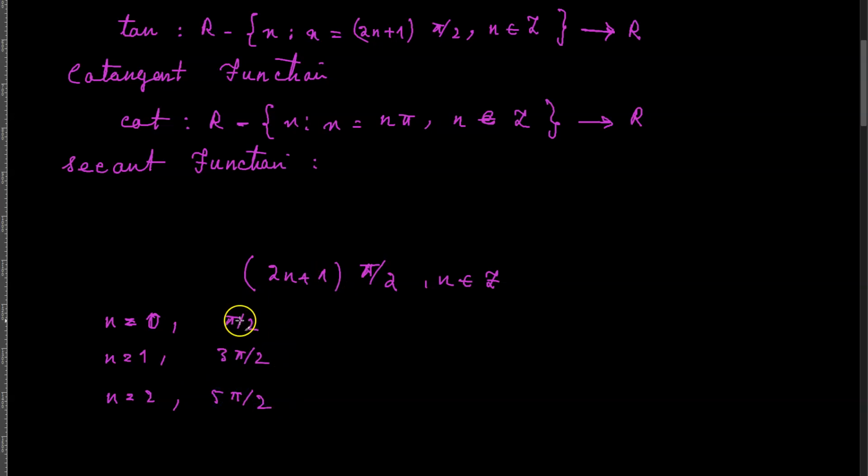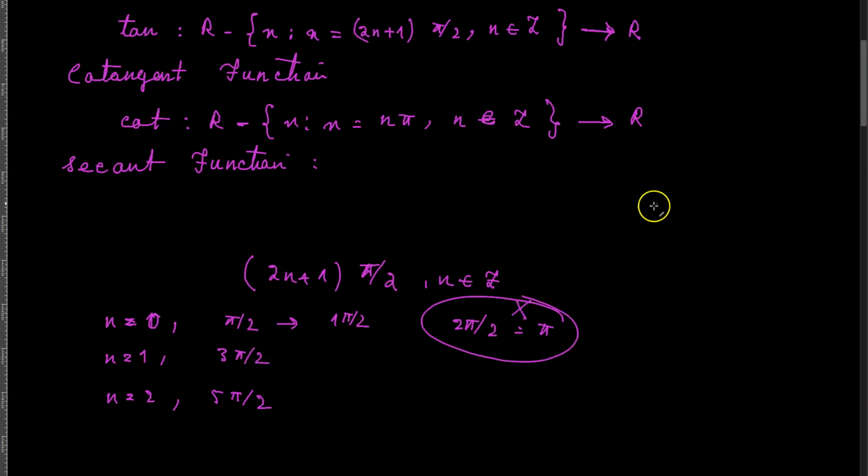So what happens is that when you say the odd multiples of pi by 2, then this is the same thing as 1 pi by 2, right? And then after that, you will not get 2 pi by 2, because 2 pi by 2 would be equal to pi, and you don't want to have this here.